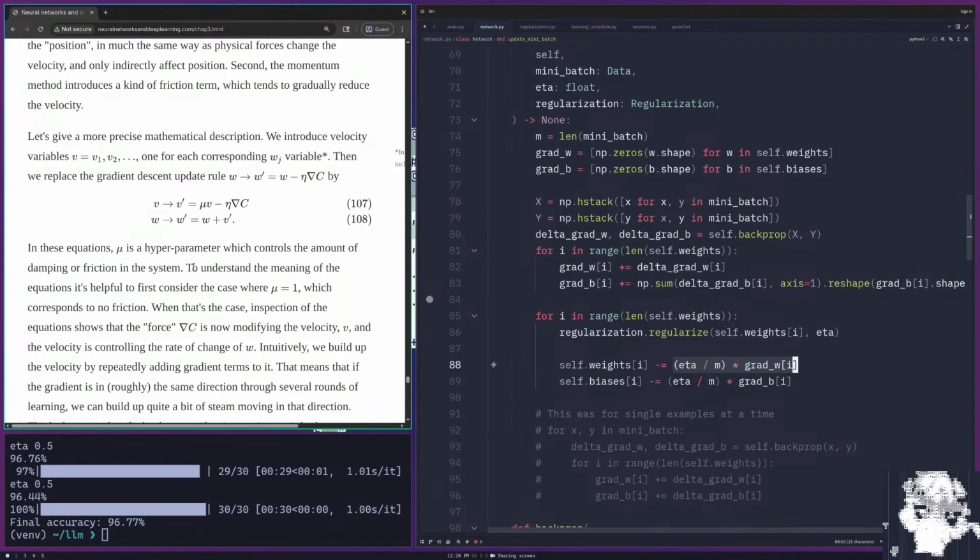In these equations, mu is a hyperparameter which controls the amount of damping or friction to the system. To understand the meaning of the equations, it's helpful to first consider the case where mu equals 1, which corresponds to no friction. When that's the case, inspection of the equations shows that the force, grad c, is now modifying the velocity v, and the velocity is controlling the rate of change of w.